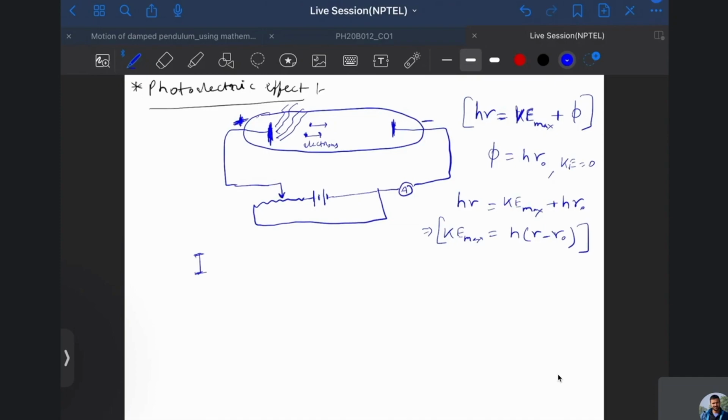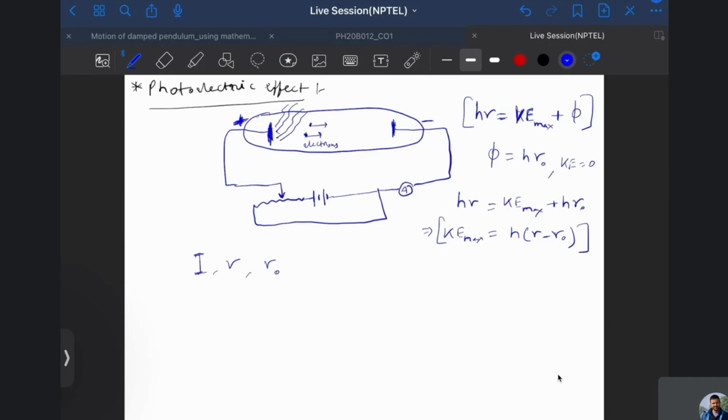Okay. But when you increase the frequency of light, mu, then the kinetic energy of electrons increases. Okay. And below some threshold frequency mu naught, this phenomenon stops. So these things suggest that these photons are not really behaving as a wave, right?